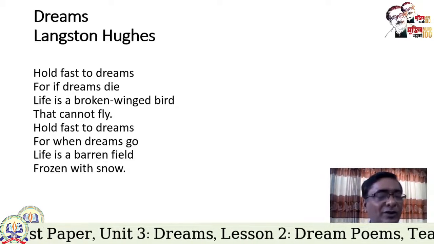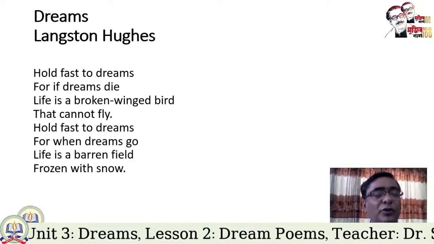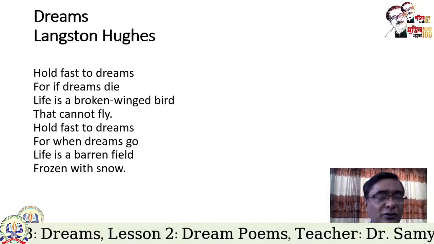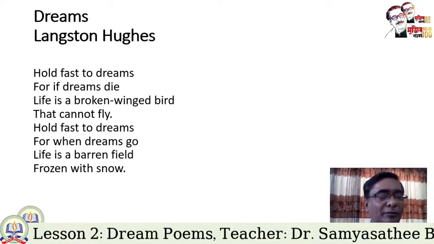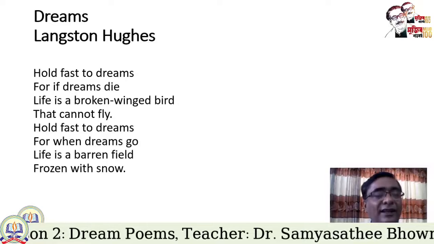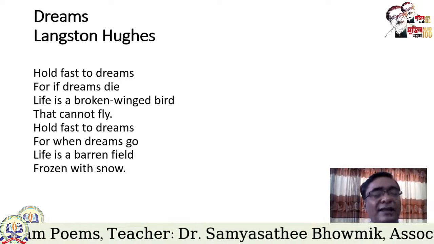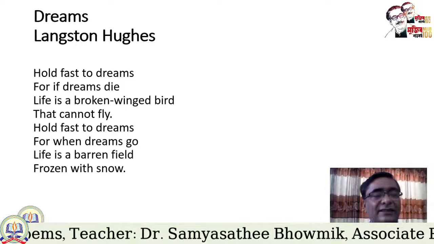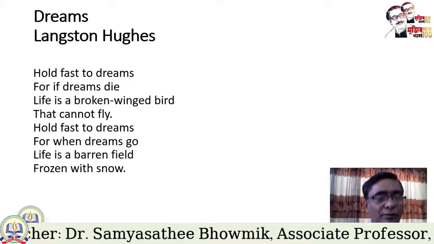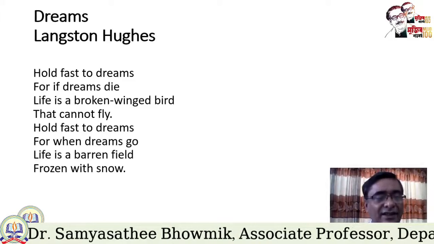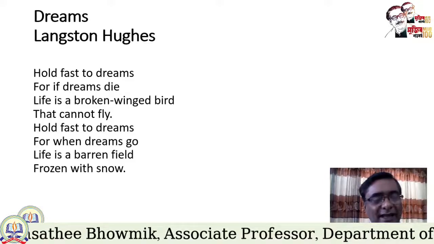So what happens to a bird? When a bird's wings are broken, the bird cannot fly. That means flying is the main pride, the main significance of a bird. That is its pride, its hope, its destination, its goal.